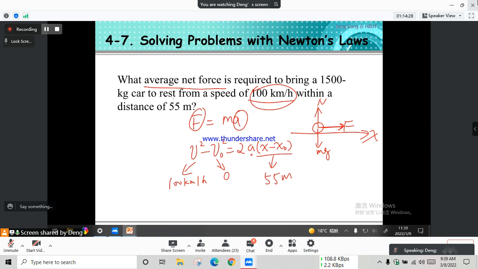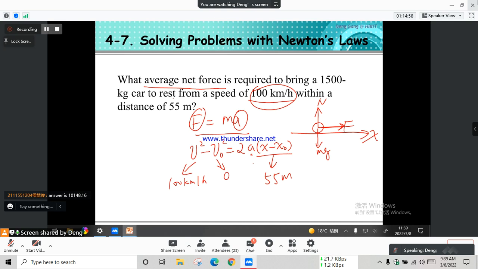So first step, we draw a diagram. And the second step, we resolve forces into x and y components. In this case, we only need to consider the x components. And the third step, we find the equation for this. In order to calculate F, we need to find out a. And if we want to find out a, we need this equation from the chapter.